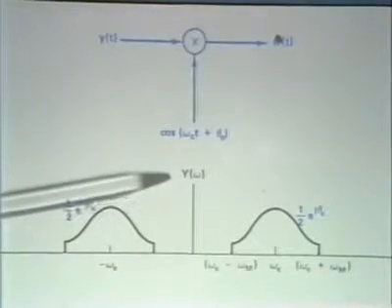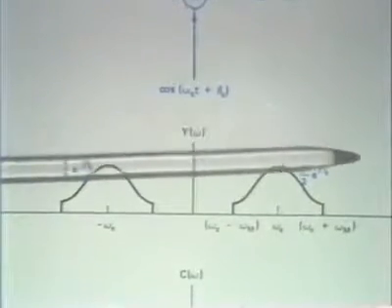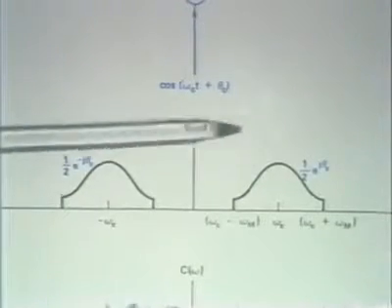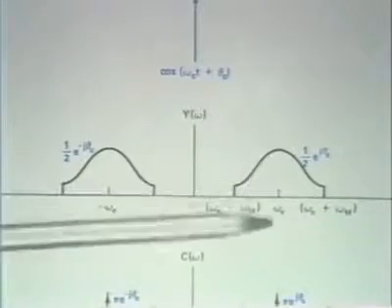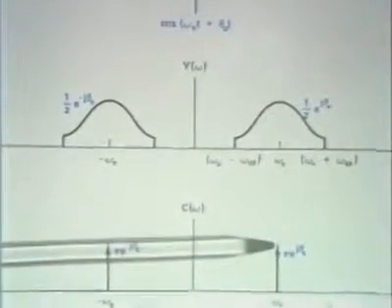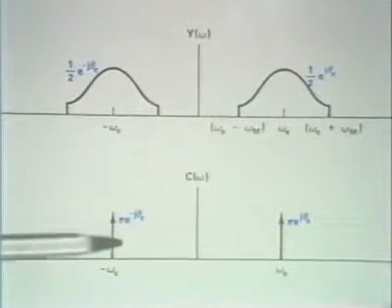If we look at the spectra, we have the modulated spectrum, which we had initially, and we now want to convolve that again with the spectrum of the carrier signal. The spectrum of the carrier signal I indicate here.